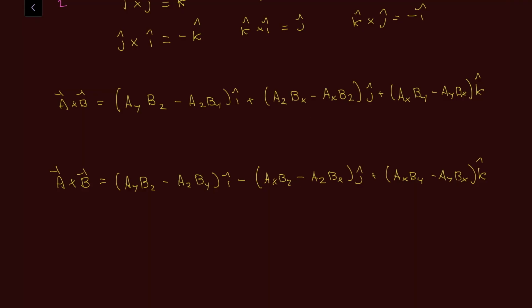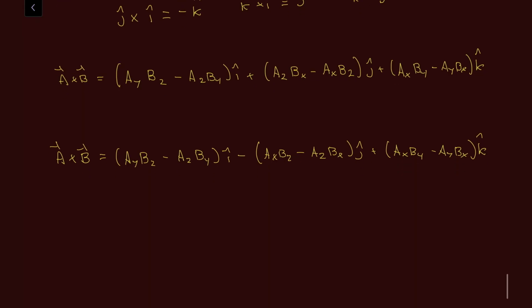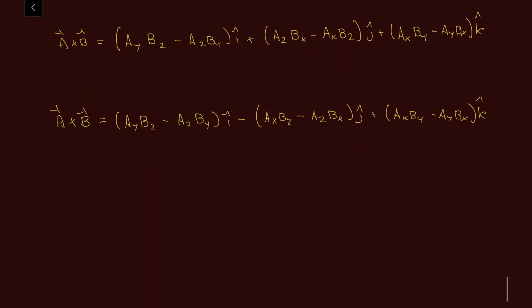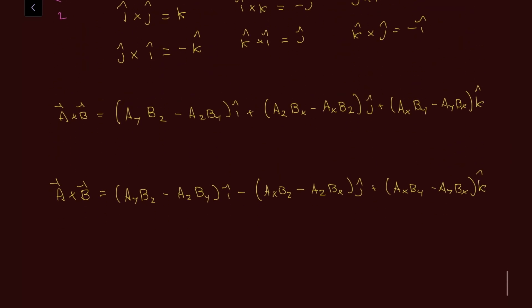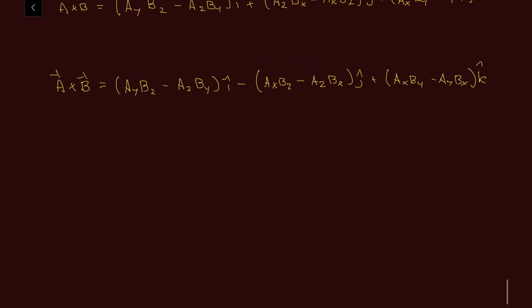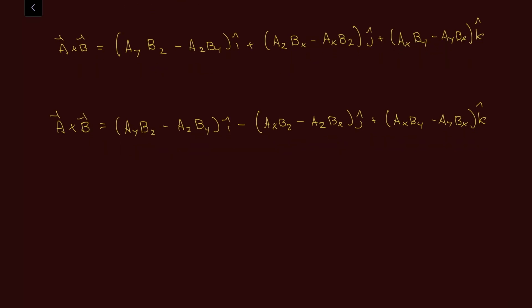Now, the reason that this works better, and that I prefer it, comes down to there being a different way to calculate the cross product than what we just did. When we use that different way, it becomes easier to visualize why this second form is the way that it is. But we're not going to talk about that in this video, perhaps another time.